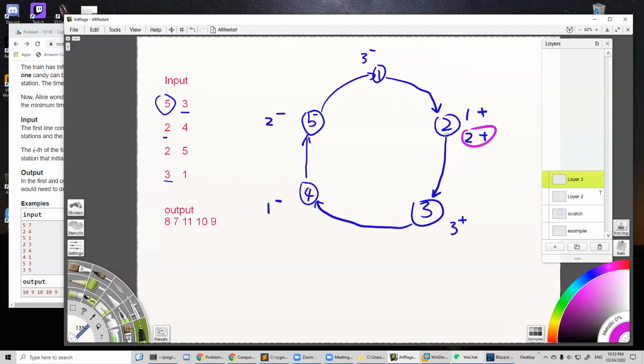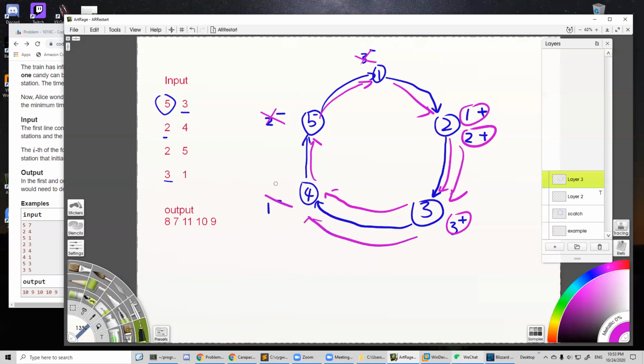Let's try it again. So 2, 1, pick up 3, 2, 3, drop off 2, 4, drop off 3, 5, 6. Here we pick up 1, 7, drop off 1. So this time we just use 7 seconds. So 7 is the optimal answer here.